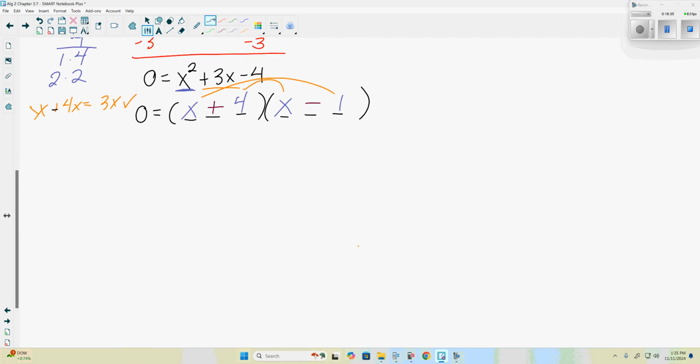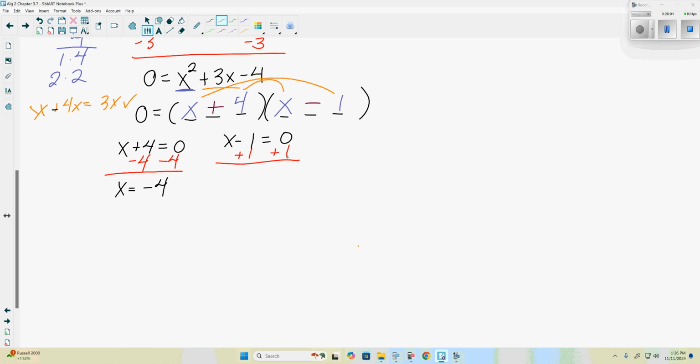So at this point here, we do have two things that multiply together to equal 0. One of these must be 0. Either x plus 4 is equal to 0, or x minus 1 is equal to 0. Here we'll subtract 4 from both sides, telling us that one of our x values is -4.